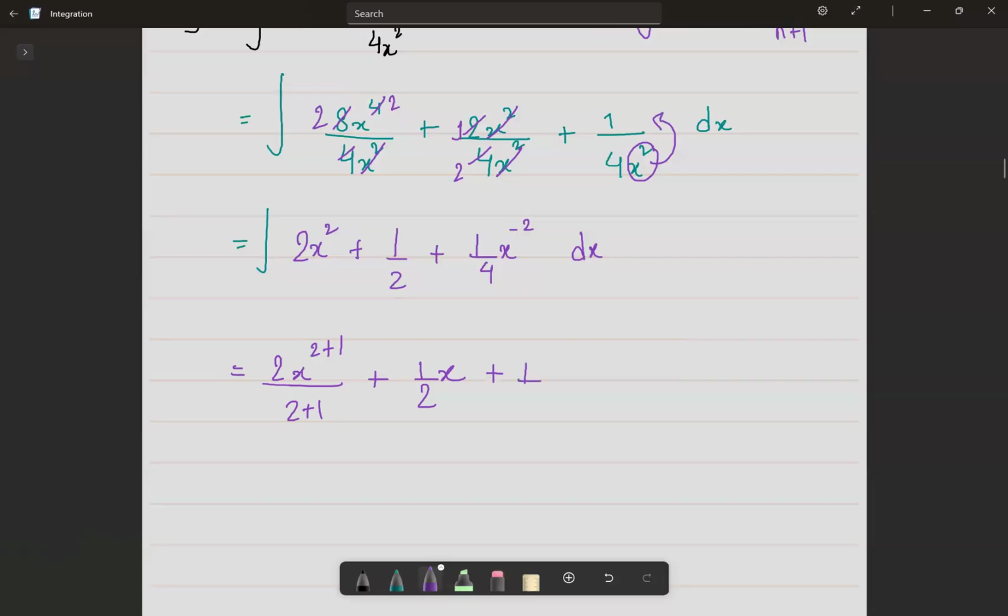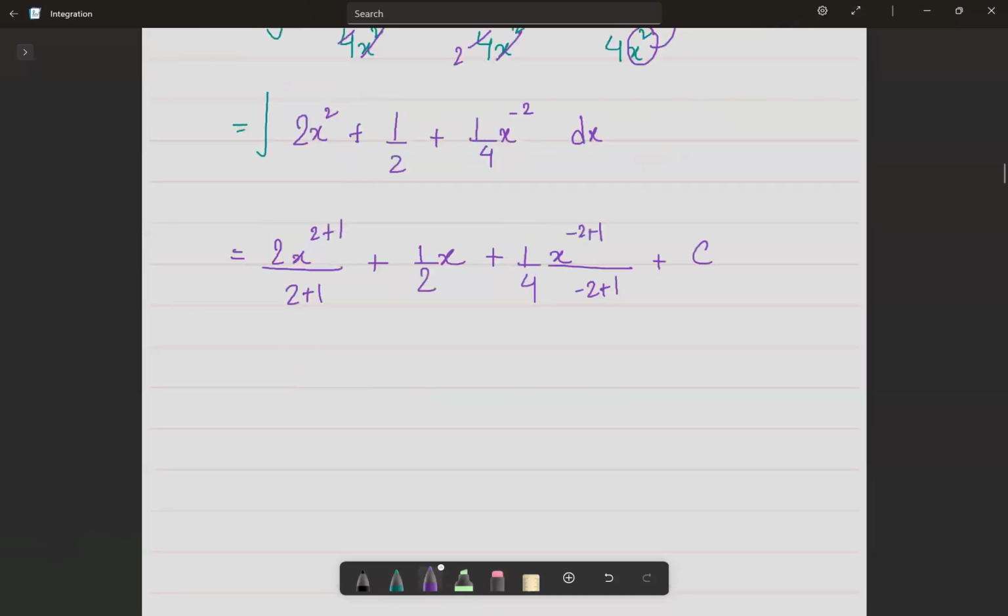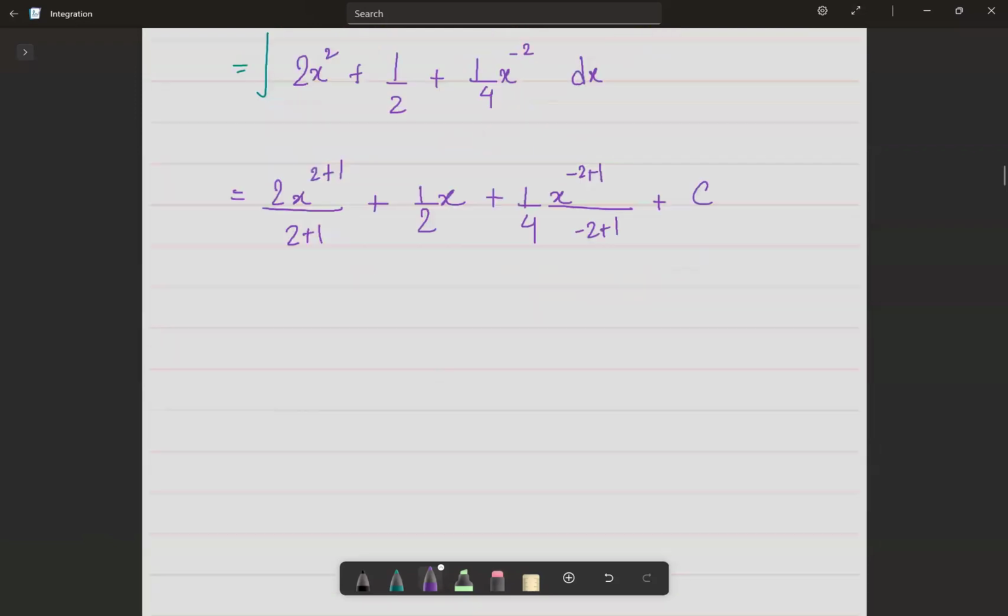And then we will have 1 by 4 x to the power of minus 2 plus 1 divided by minus 2 plus 1. And lastly, because of the plus 0 in here, we get a plus c. So we are done with integration. All we are left with now is to simplify. If we simplify, what do we get?